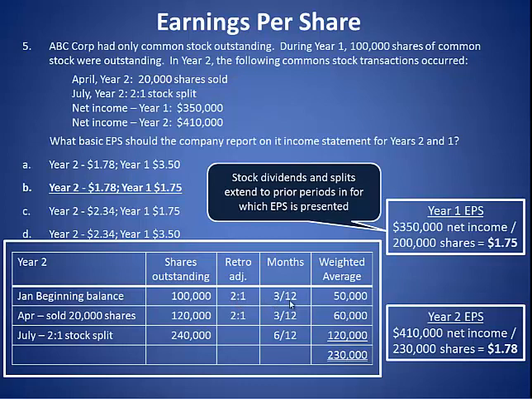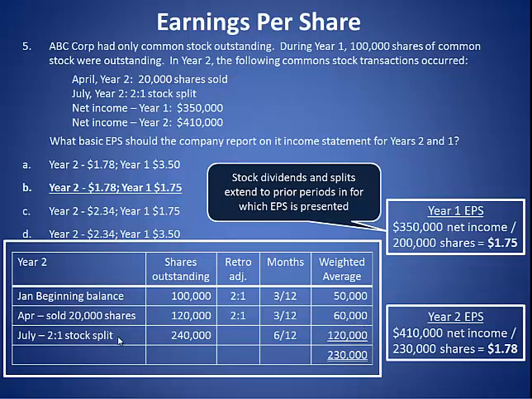So that's 3/12, and our weighted average comes out to 50,000. In April, we sold 20,000 shares, so there are 120,000 shares now outstanding. Again, we retroactively adjust for our 2-for-1 split for 3 months, April, May, and June. So it'll be 120,000 times 2 times 3/12 equals 60,000 weighted average.